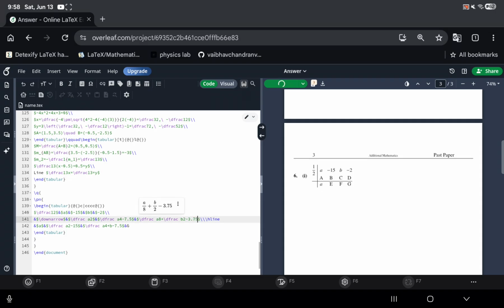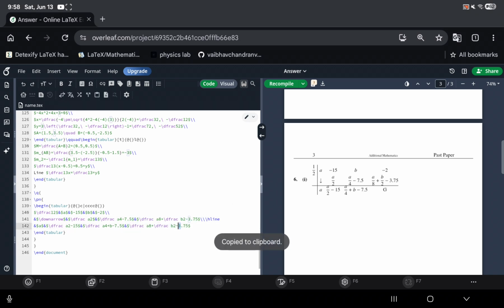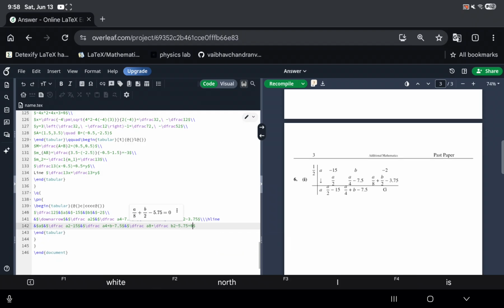Nice. And we know this entire value would be equal to 0.